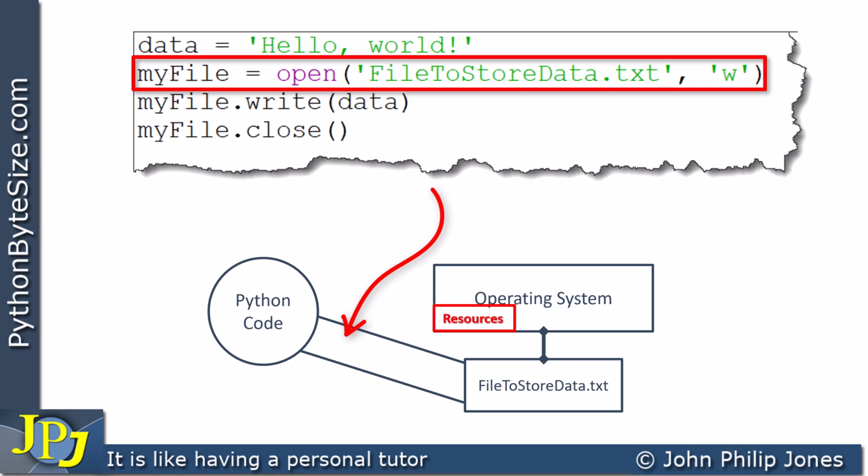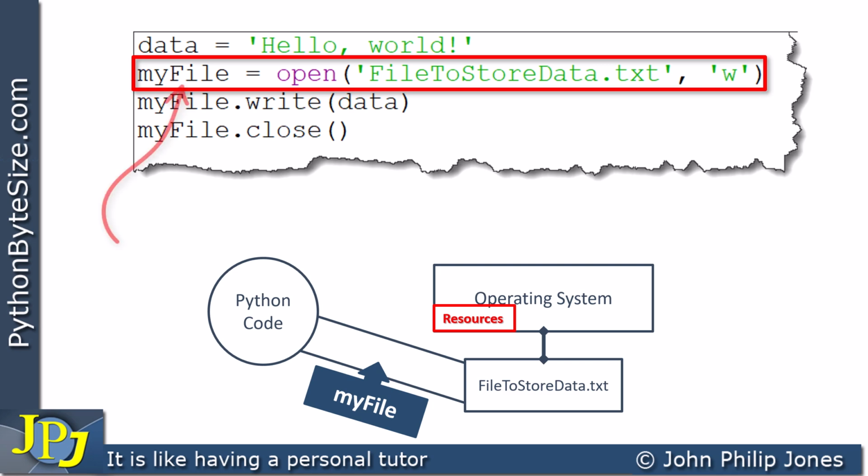It's an object of a particular class, and the name of this object, the object reference to it, is coming into view now. It's my file. And of course, my file is the variable name in the program that I decided to use. And we have to realize that this variable name is essentially pointing to the stream. It's an object reference to the stream.